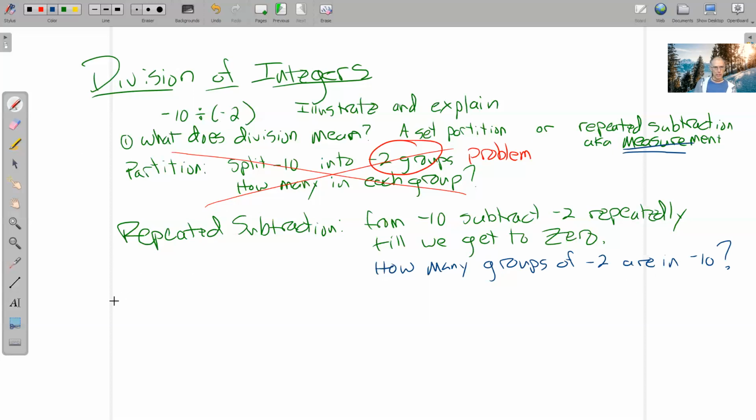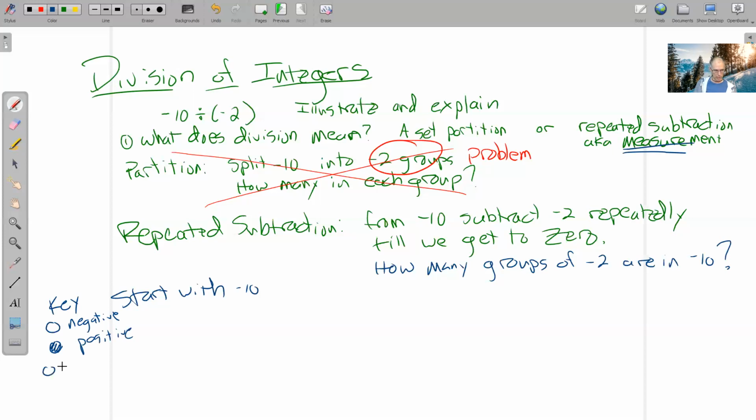Okay, well, let's try it. So we'll start with a representation of -10. And I'm going to make a key on the side here. Let's say that right there is a negative, and this right here is a positive.